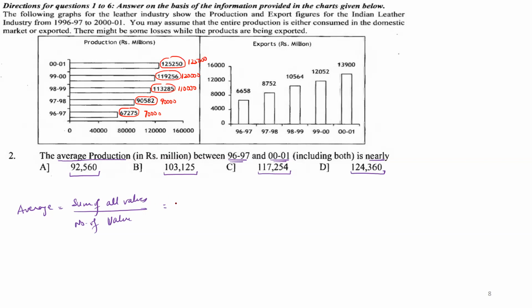So this becomes 70 plus 90 plus 110 plus 120 plus 125 divided by how many values, everyone? 5. 5 values. चलो जल्दी से एक बार न्यूमरेटर ऐड करो जल्दी से. 160, 270, 390. सही है ना? So this is 515,000 divided by 5. So will my answer be around 1,03,000? Second option.